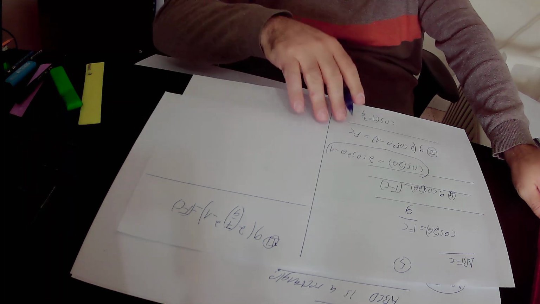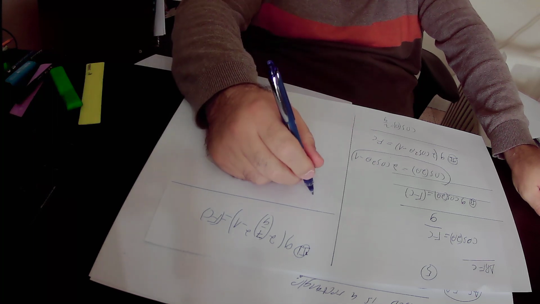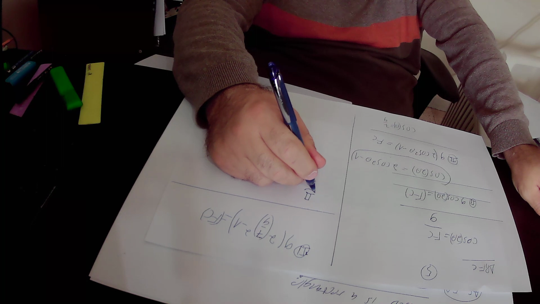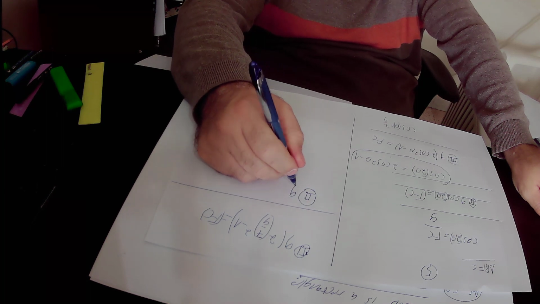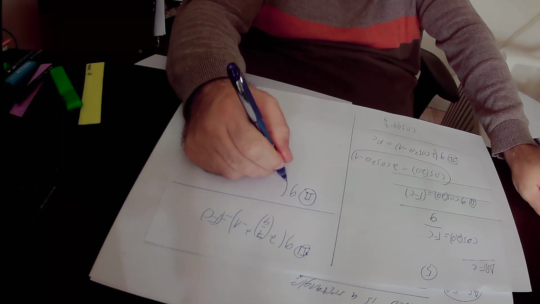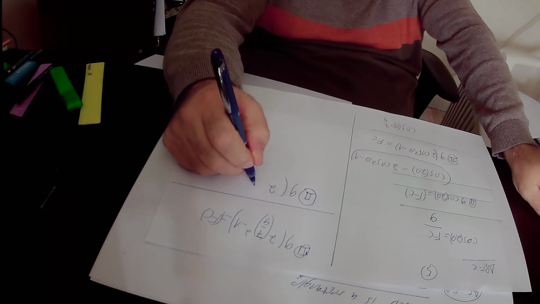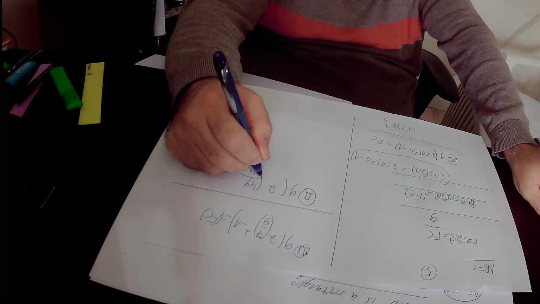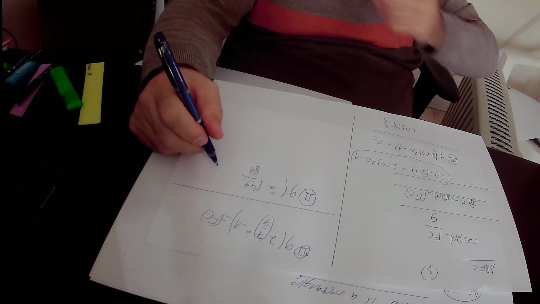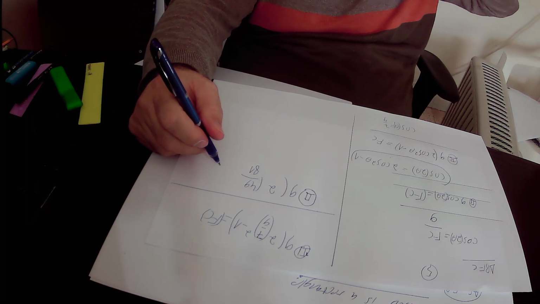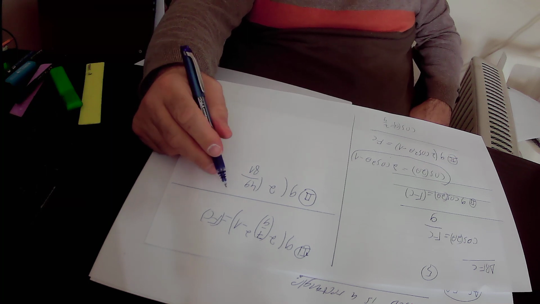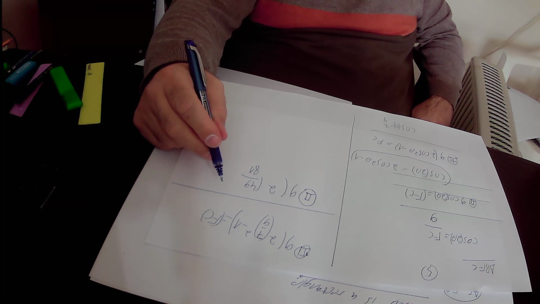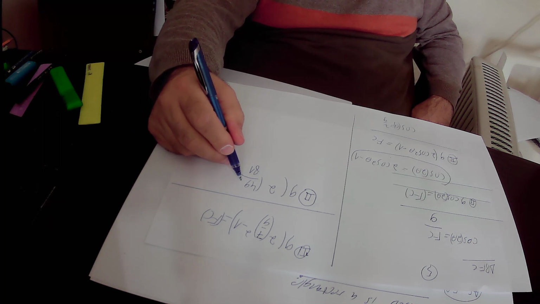So here, actually 7 over 9 square is 49 over 81. So you write it down. We will substitute minus 1 by minus 81 over 81, that equals minus 1.